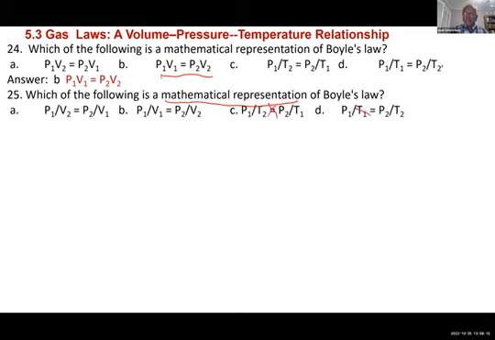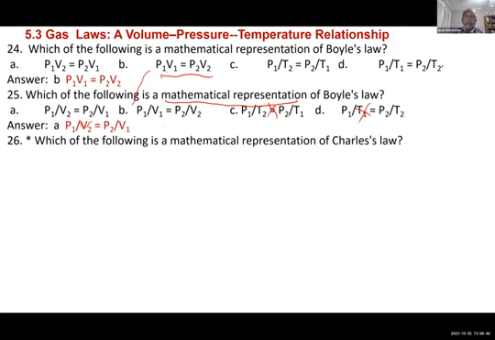These are not Boyle's because it's P and T. One of these is correct. Which one is a rearrangement of Boyle's law? This is the correct answer. You can rearrange and get that one, not that one. Therefore, A is the correct answer. So it's a mathematically equivalent expression.